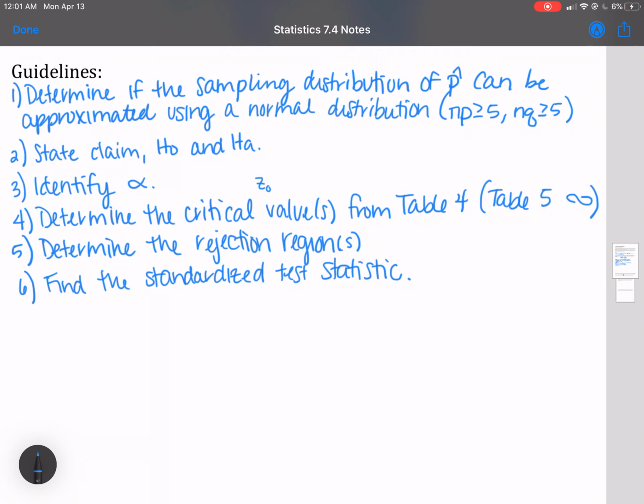And that's our formula z equals p hat minus p divided by the square root of pq divided by n. And then we will make a decision.